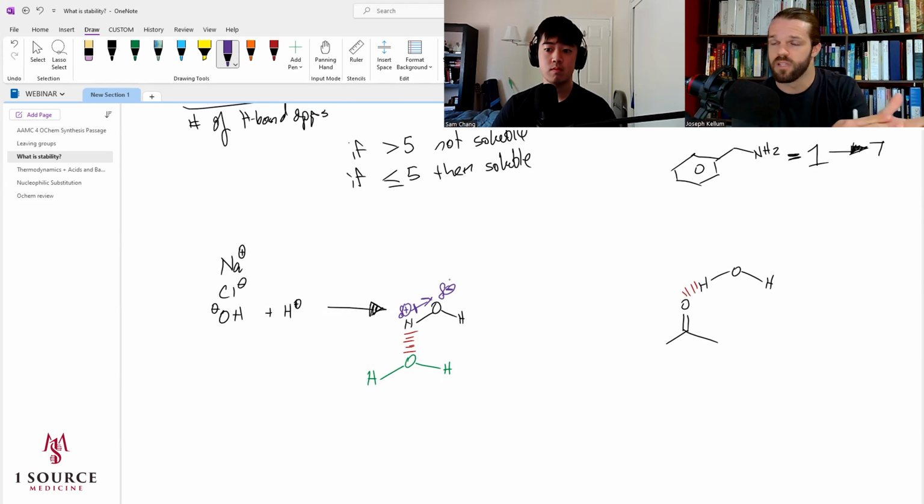It's just a nucleus that's totally exposed to the rest of the solution. So even though it is not carrying a full formal positive charge, it actually contributes more positive charge to the intermolecular interaction with that water oxygen than would something like sodium.